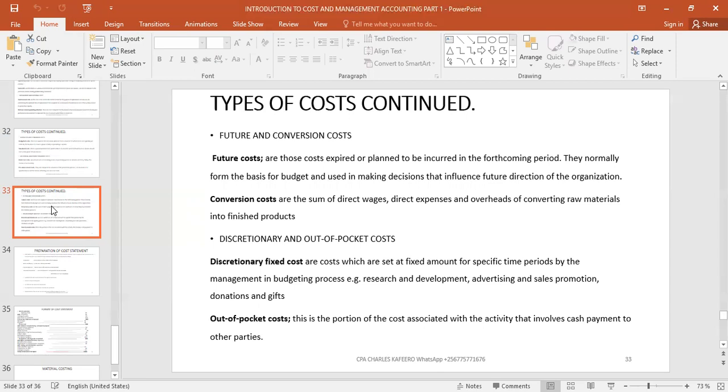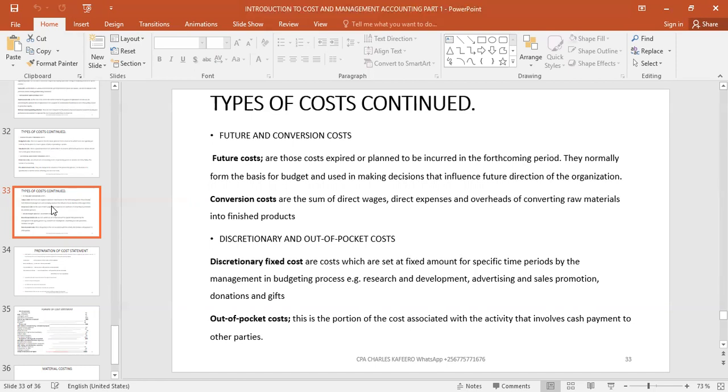They normally form the basis for budgets and are used in making decisions that influence future directions of the company. These are costs which we plan in order to see the future, in order to make decisions on the future directions of the company.